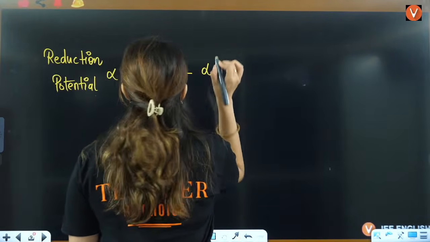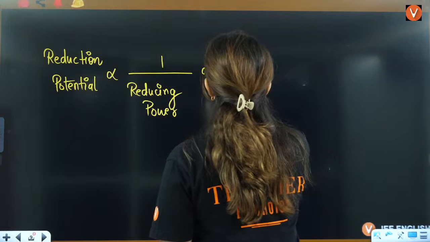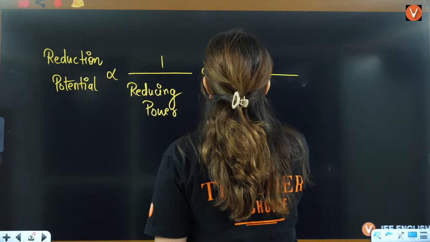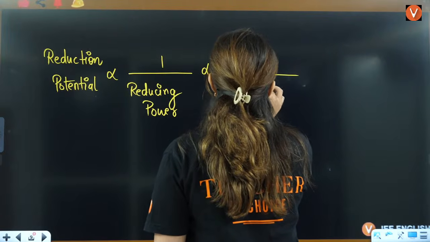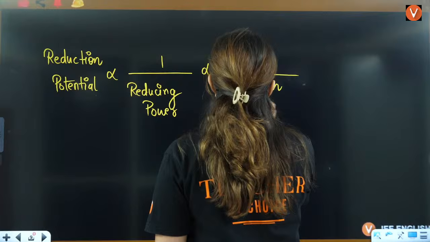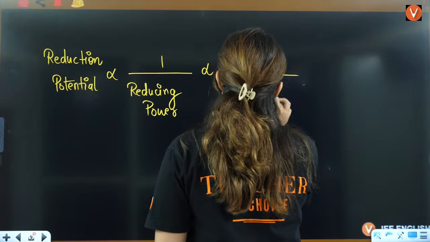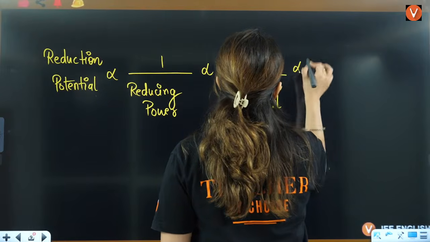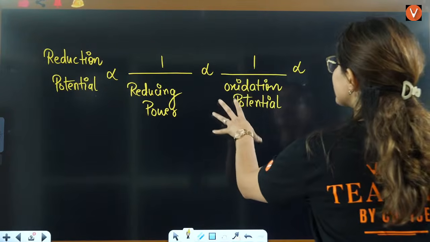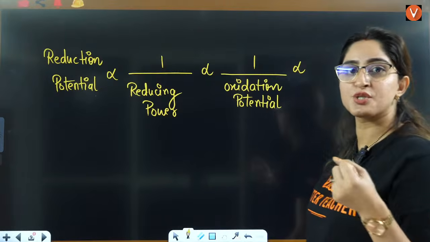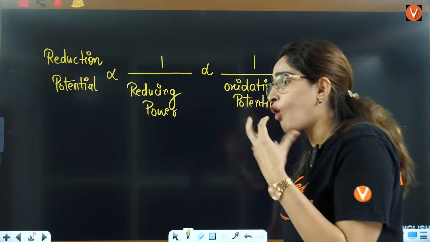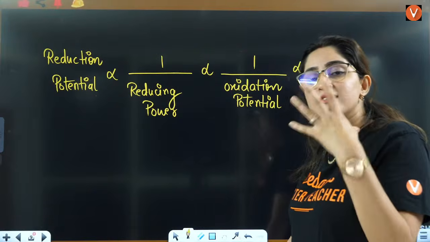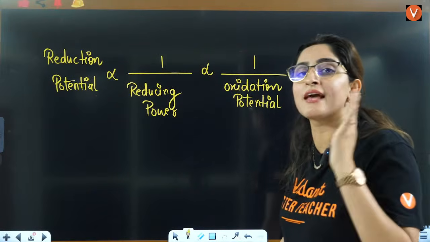And next, we can say reduction potential is also inversely proportional to oxidation potential, right? Okay? If I say oxidation potential is very high, that means its tendency to itself get oxidized is very high.